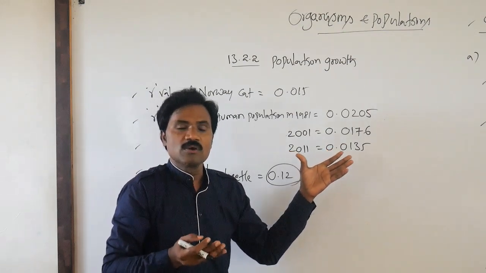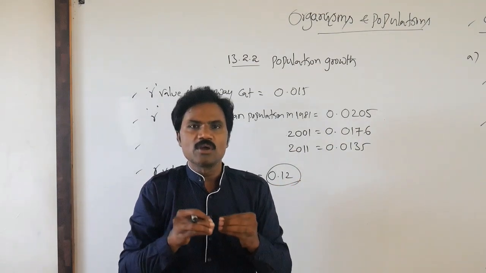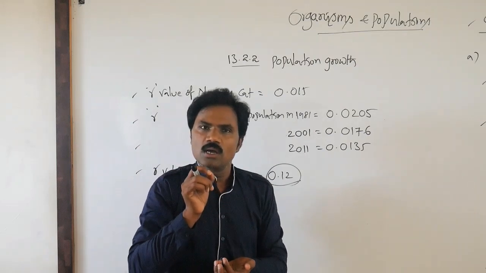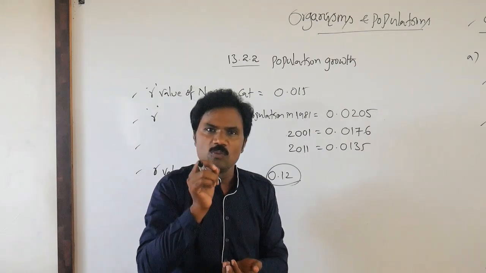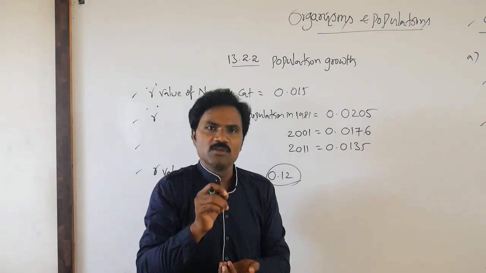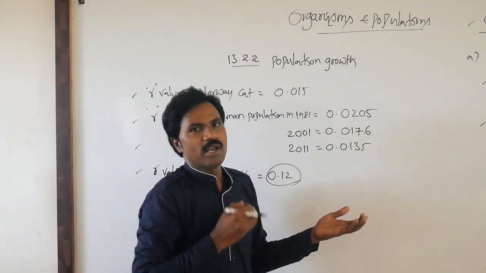Because at present the death rates have decreased compared to the birth rates. That's why the R value gradually increases in the human population, especially the Indian population. The main reason is that death rates have decreased compared to birth rates.